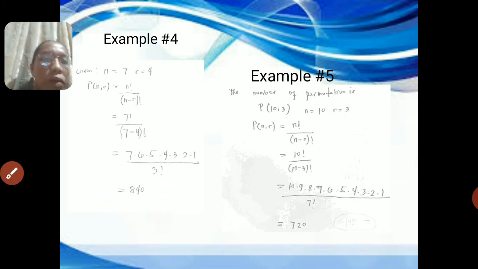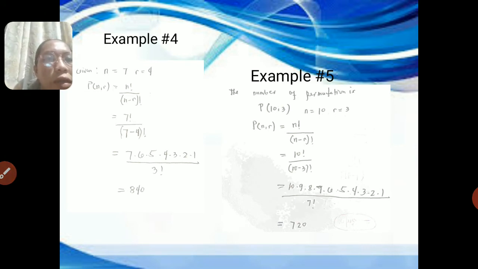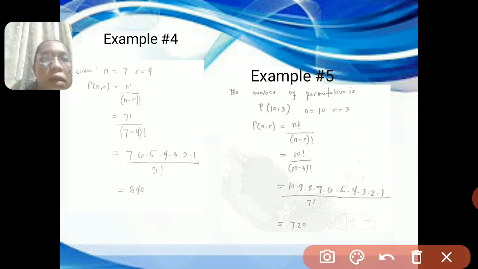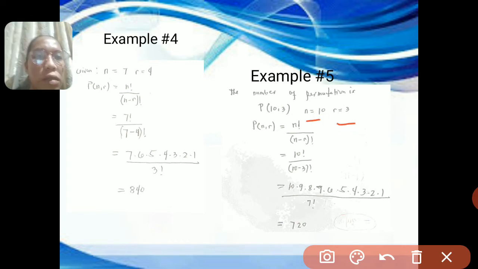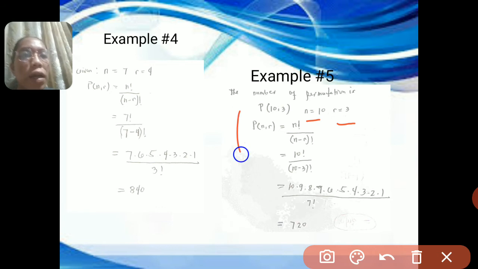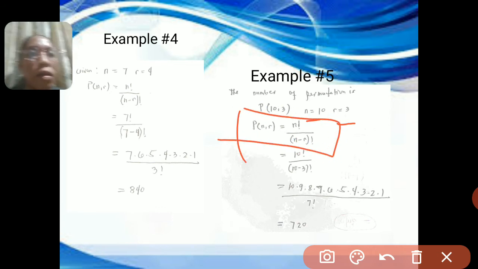Another example, last, number 5. The number of permutations is 10 and 3. So the n of the given is 10 and the r is 3. So the formula here is P(n, r) equals n factorial divided by n minus r factorial.